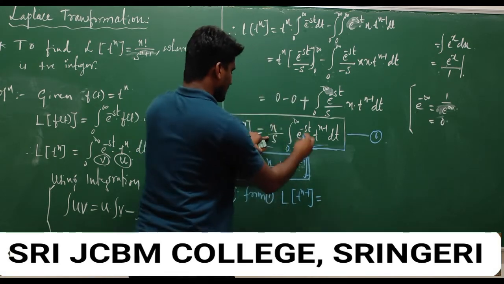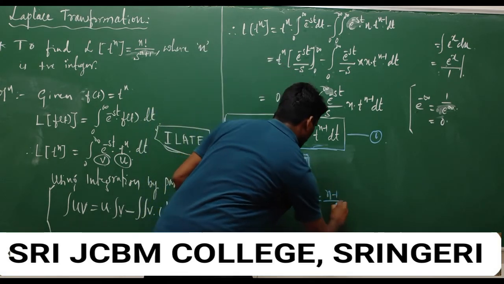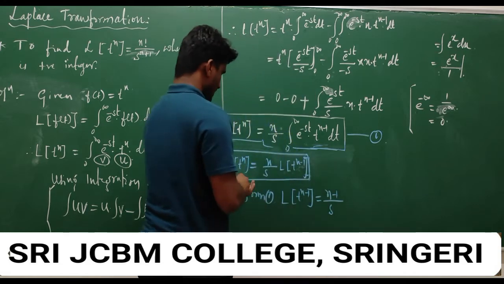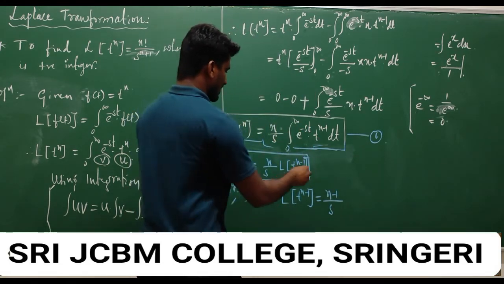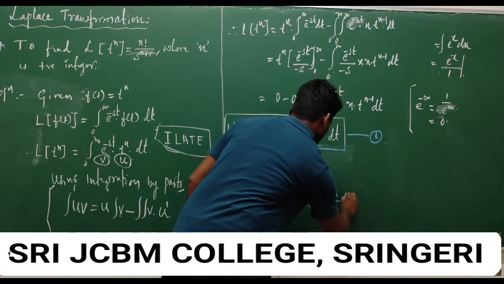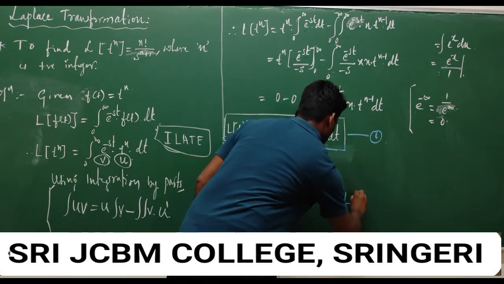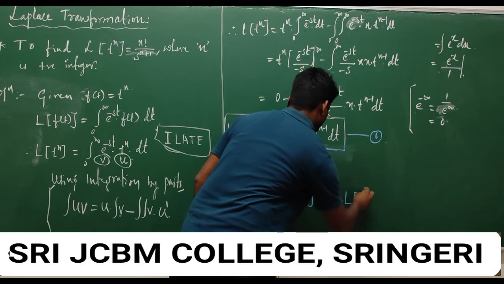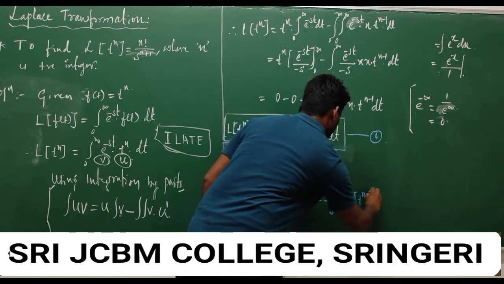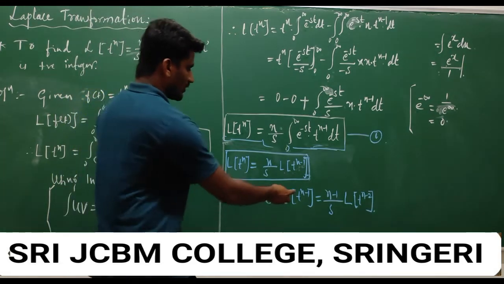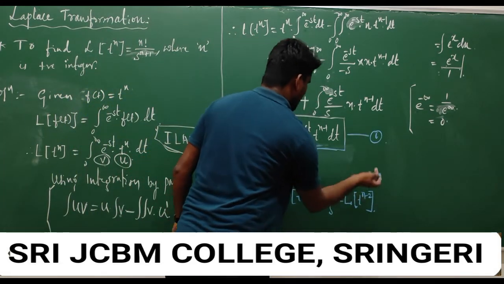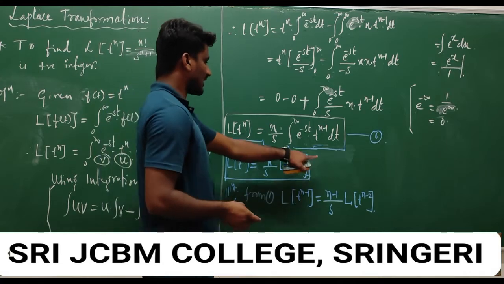This gives again the Laplace transform of t to the power n minus 2. And we can also find the Laplace transform of t to the power n minus 2 with the help of condition 1.